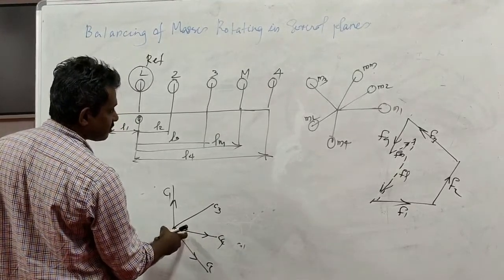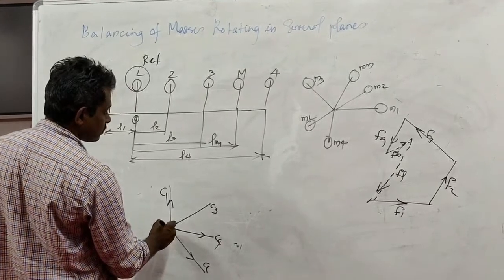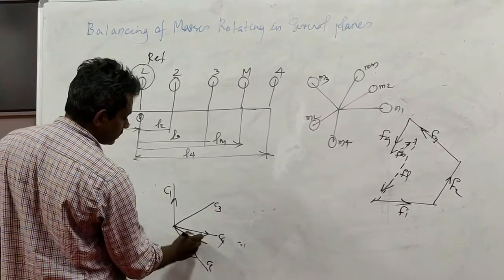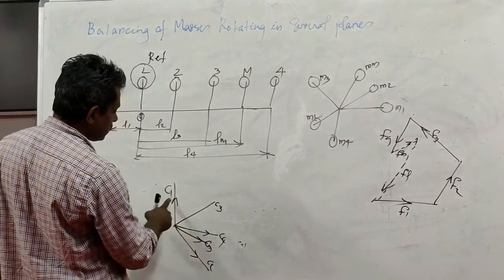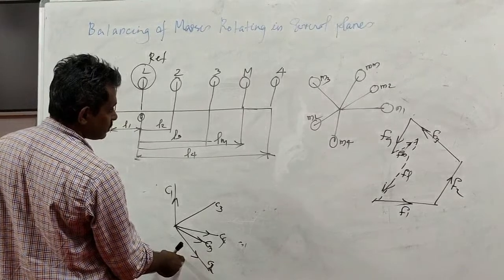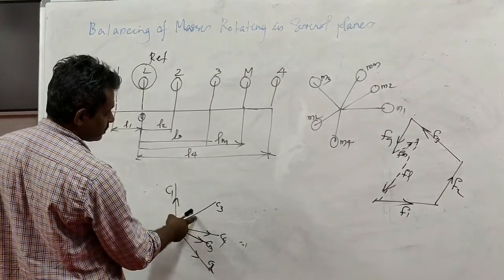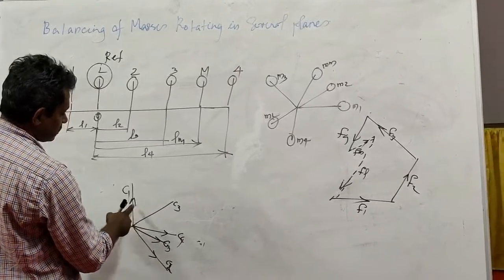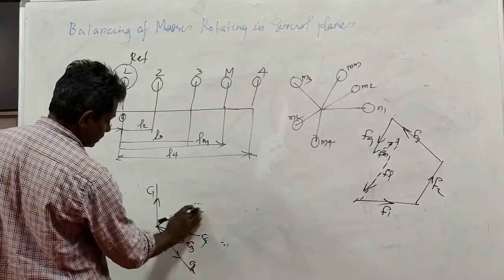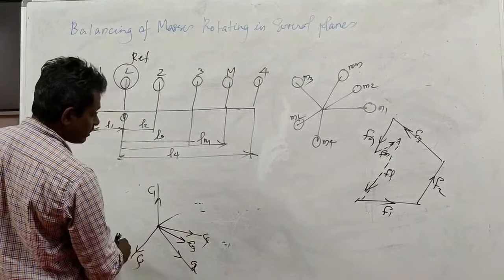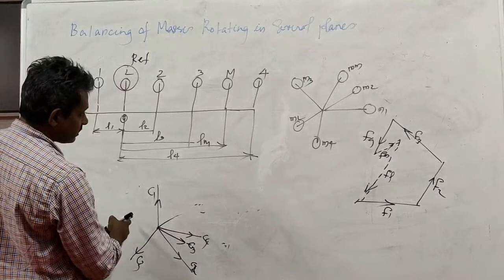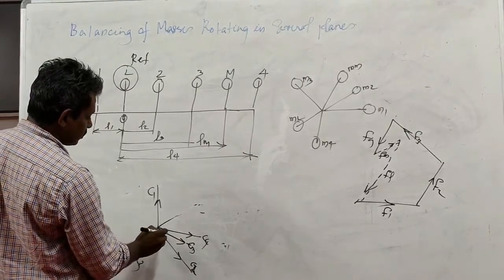C4 and M. C1 is like this. C2 should be anti-clockwise, C2 like this, and C3 should be like this. C4.